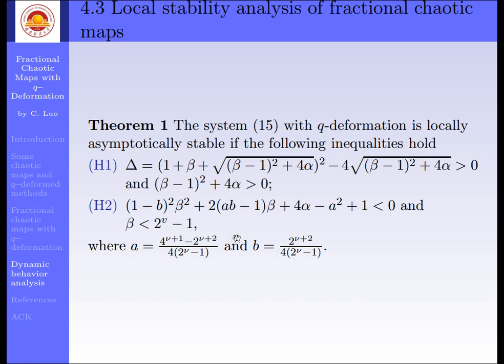Therefore, we obtain the stability condition according to the above theorem. We must point out this theorem is only a sufficient stability condition. Therefore, people can get many such theorems.